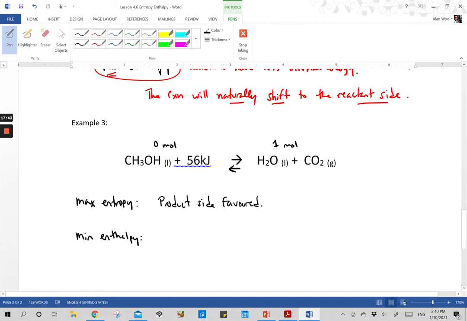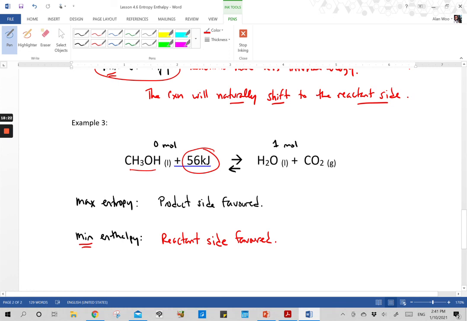Okay. In terms of minimum enthalpy, energy is found on the reactant side. Okay, so this means that the reactants lose 56 kilojoules of heat energy. So the reactant side is favored because it has minimum enthalpy.